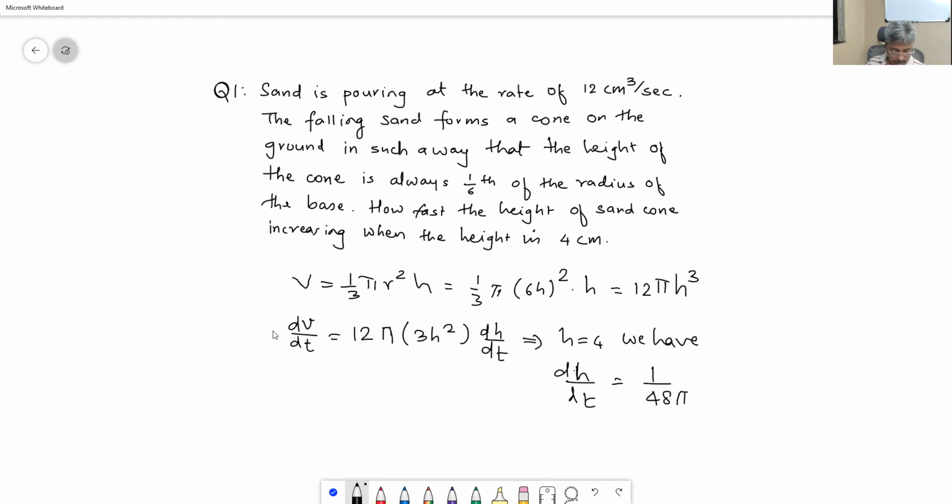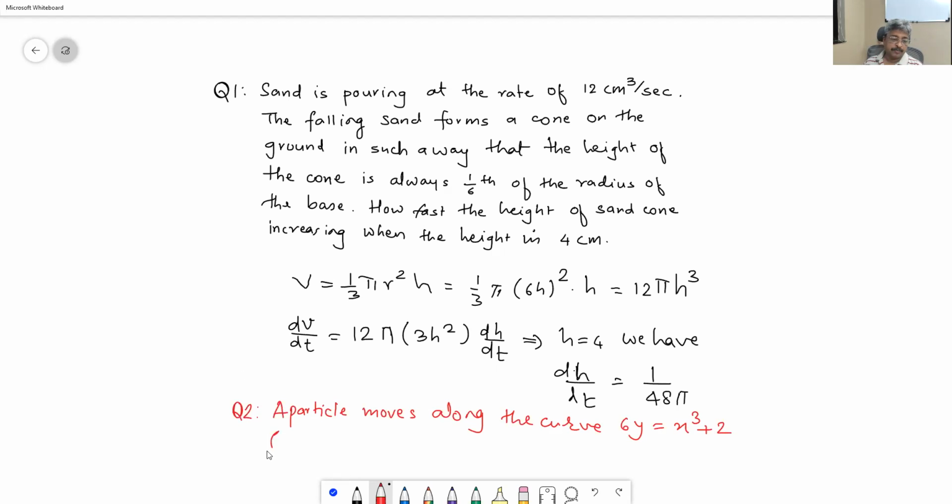Next problem, a particle moves along the curve 6y is equal to x cube plus 2.